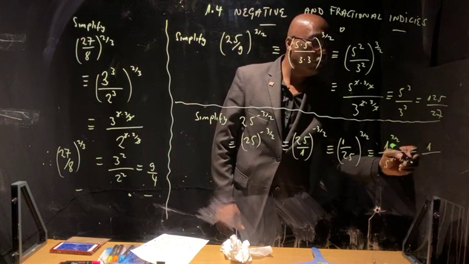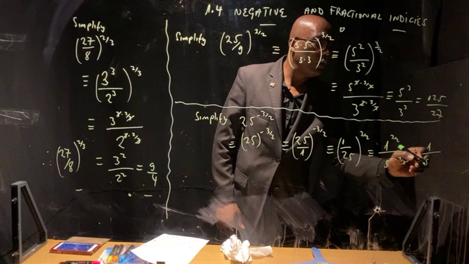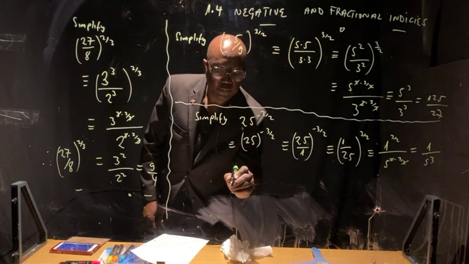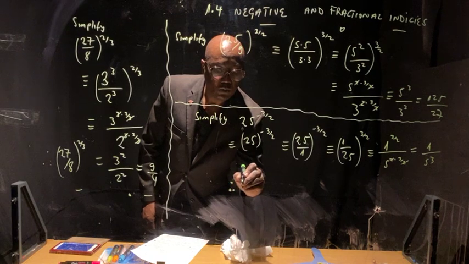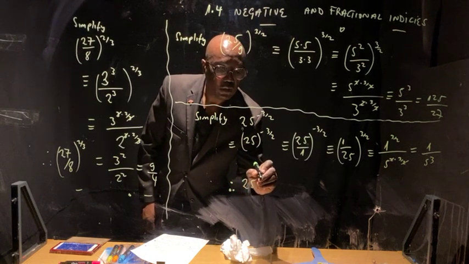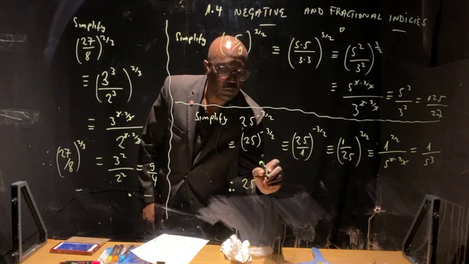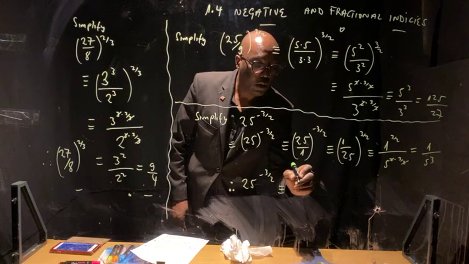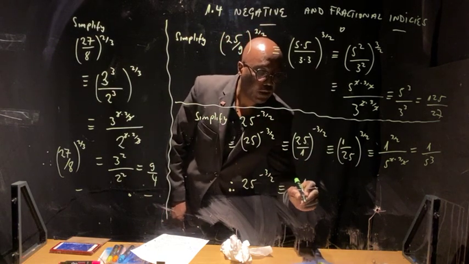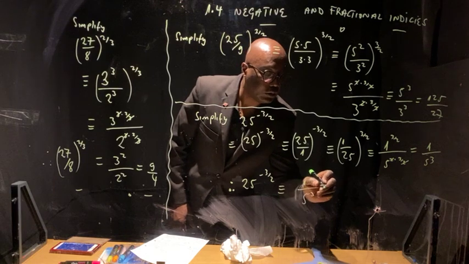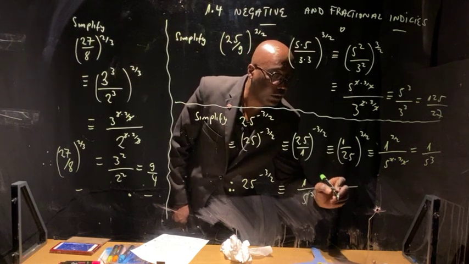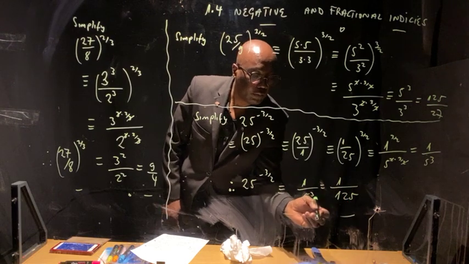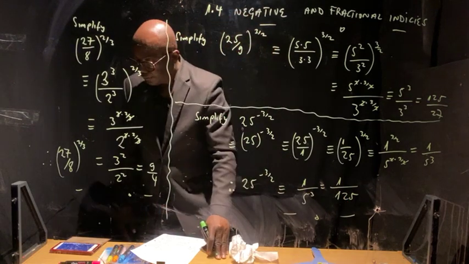And 25 is equal to 5 squared, raised to the power 3 over 2. The 2 and the 1/2 cancel, so we are left with 5 raised to the power 3. Therefore, 25 raised to the power negative 3 over 2 is equal to 1 over 5 cubed, which is 1 over 125. That's it.